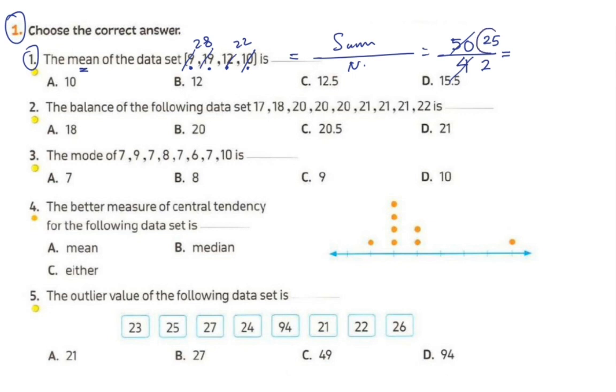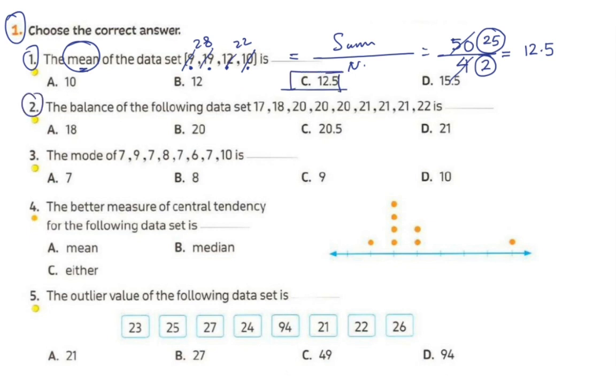Now we have 25 over 2. 25 over 2 equals what? 2 over 2 equals 1 and 5 over 2 equals 2.5. Okay, now the half of 25 equals 12.5, so the mean value is 12.5.